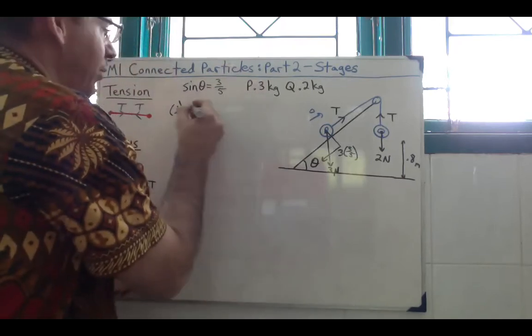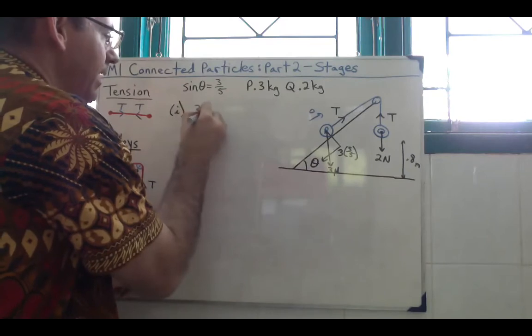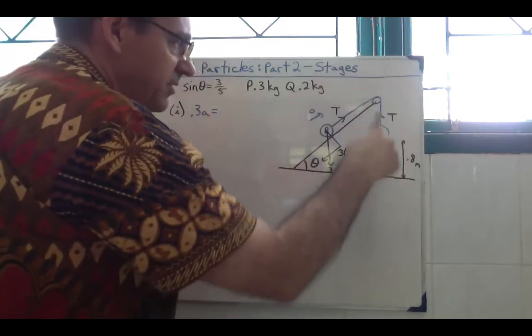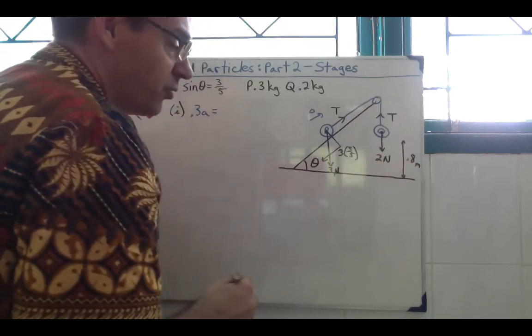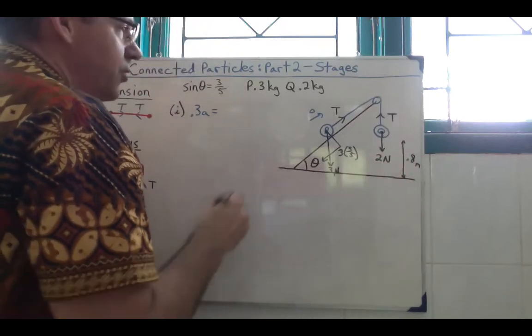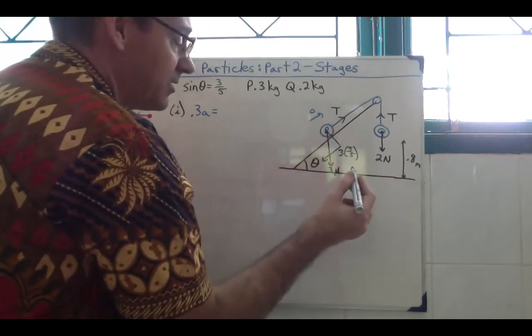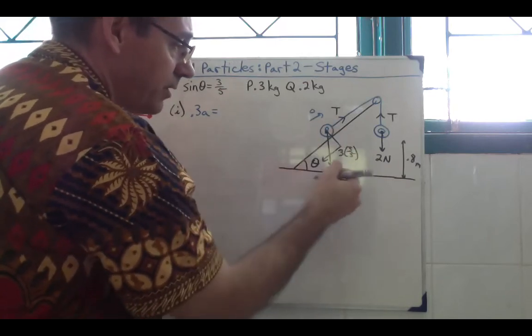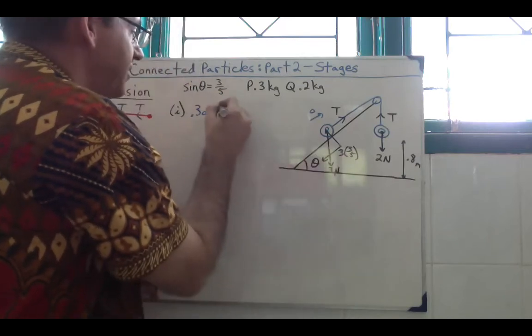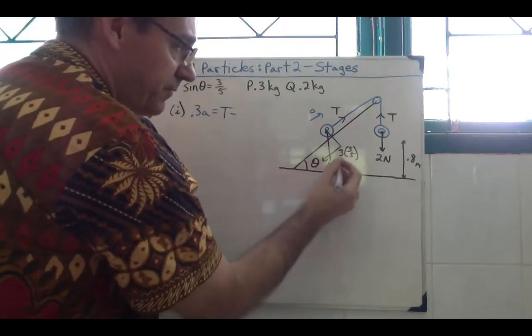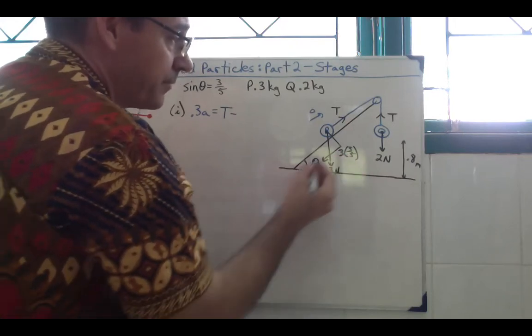So we have 0.3 A equals, and it's going to go this direction. It says Q goes towards the floor. So T, that's all we have. Oh, here we have this one right here. So we have T minus this 3 times 3/5, that's 3 sine theta there.